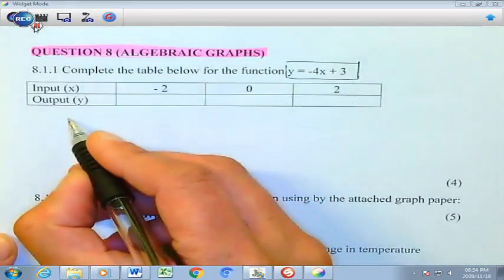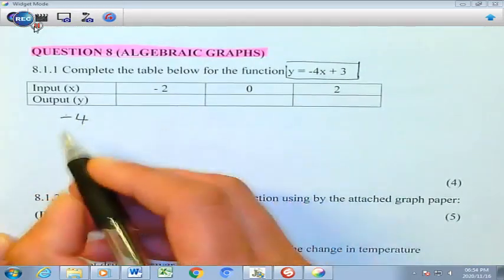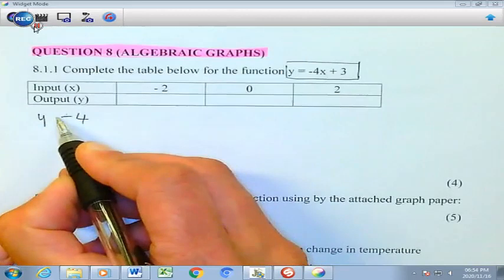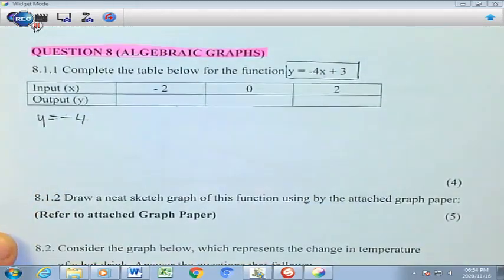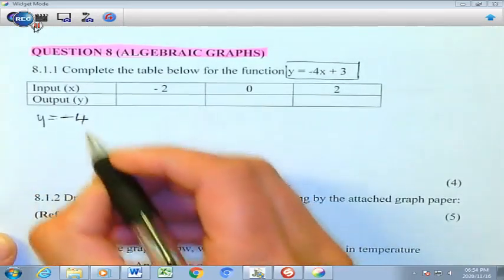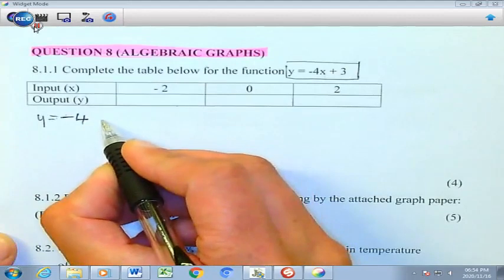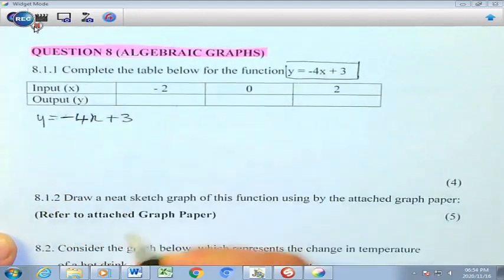You are going to write the formula down by saying y equals negative 4x plus 3.